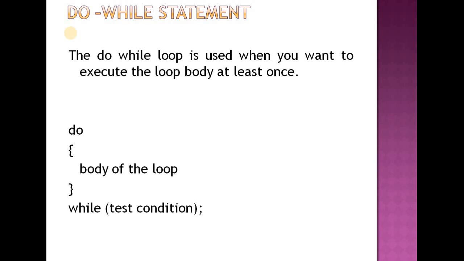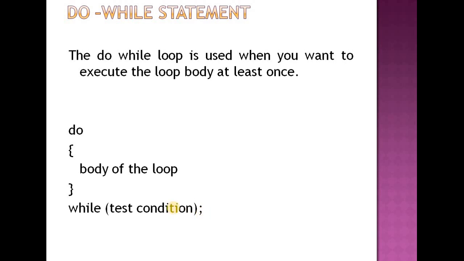So here we have the syntax of the do while statement. Initially we have to write do, then the open curly bracket. The statements which we are going to repeat are included in the body of the loop, enclosed in these two curly brackets, and then the test condition, and last is the semicolon.